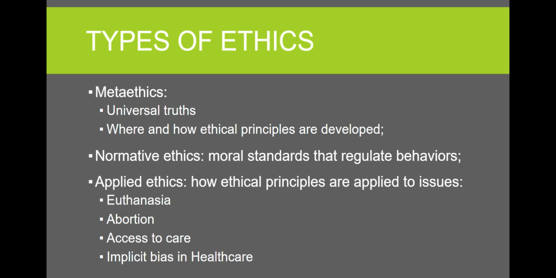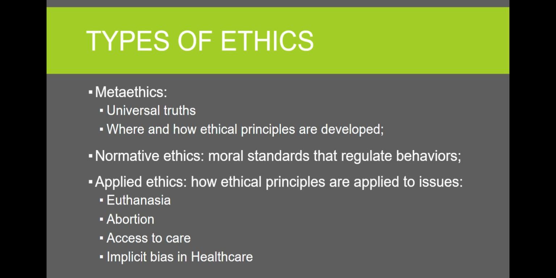Applied ethics. This is the study of how ethical principles are applied to very specific issues. For example, the right to die with dignity, or euthanasia, as it's more commonly called, abortion or elective termination of pregnancy, issues related to equity and equitable access to care, and how sometimes there are differences in health outcomes for different people because of those problems.